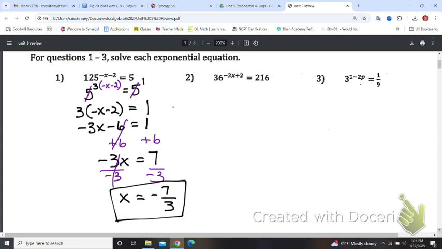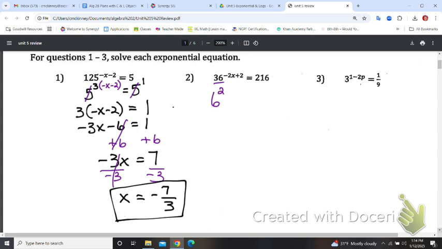So in number 2, is the larger number a power of the smaller number? If I do 36 to the second power, that's more than 216, so no. So this means we have to change both. And hopefully we at least recognize that 36 is 6 to the second power.